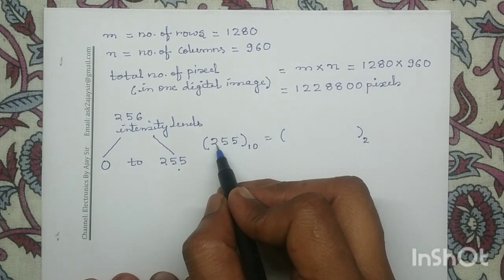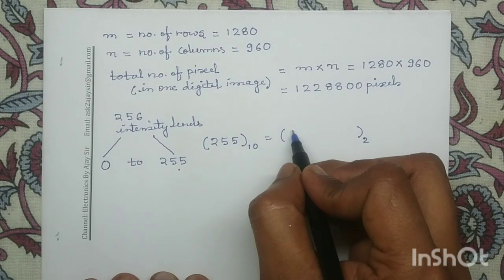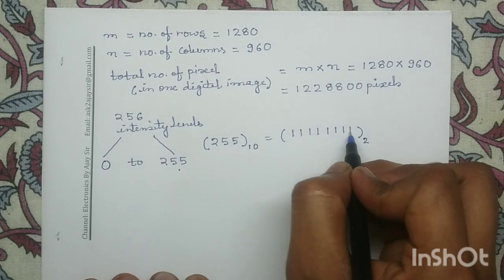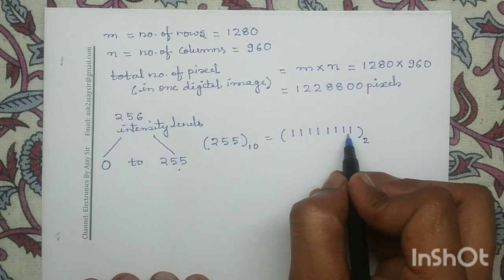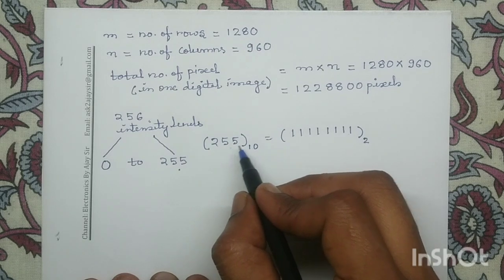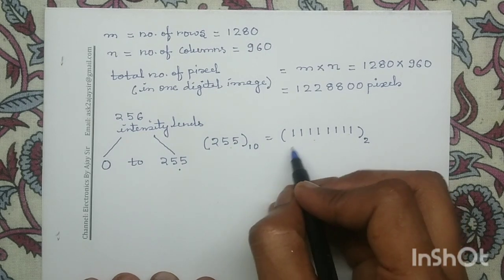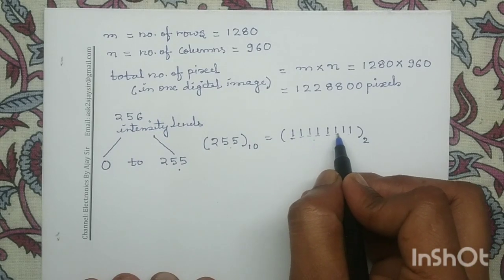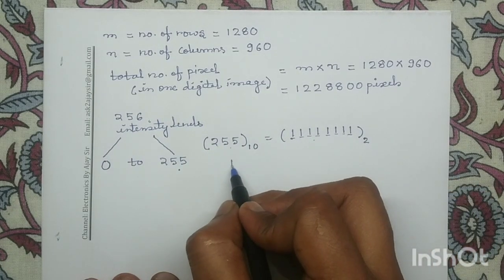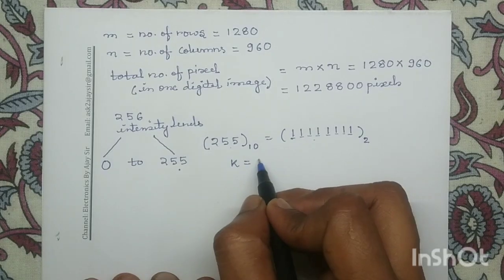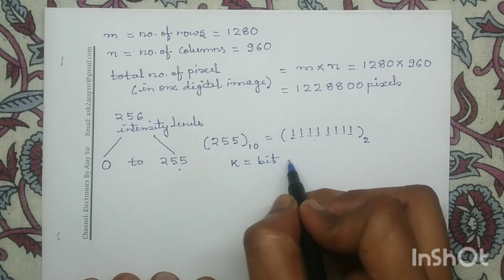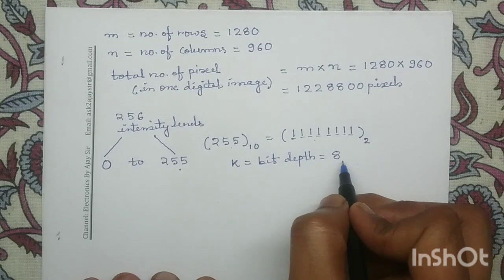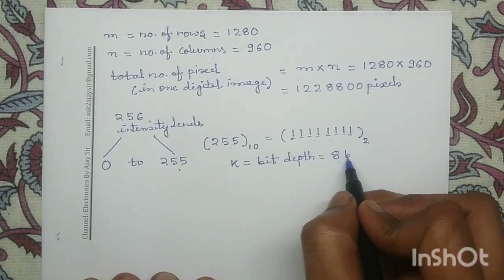The binary representation of the decimal number 255 is 11111111. The total number of bits required is 8, and hence the bit depth, that is k, is equal to 8, which represents that each pixel uses 8 bits.